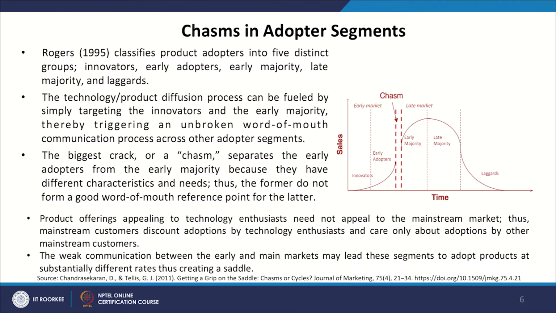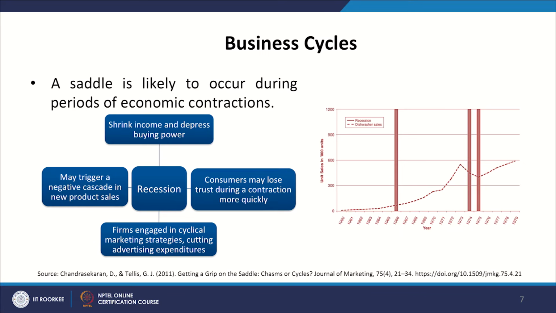Before I go to what the authors found out, let us see another description. I would not be taking you into specific technology based description, but it gets infused here in this one and the earlier description I have just given you. Here, the business cycles based description says that a saddle is likely to occur during periods of economic contractions, wherein shrunk income and depressed buying power is there.